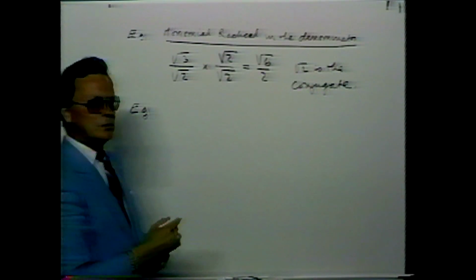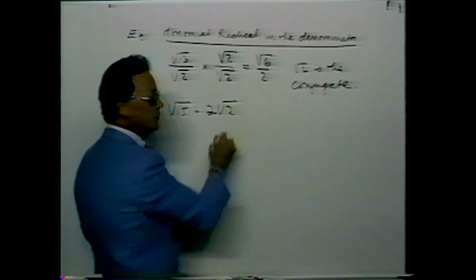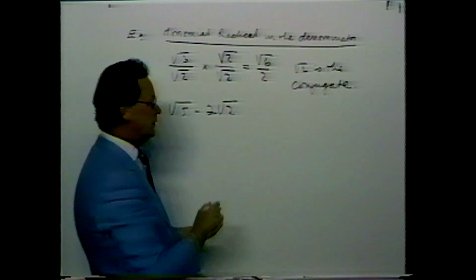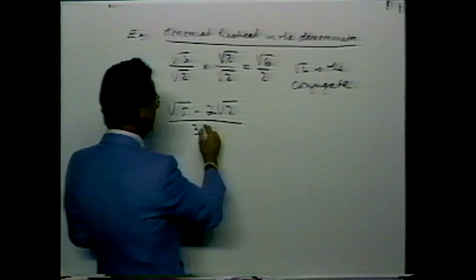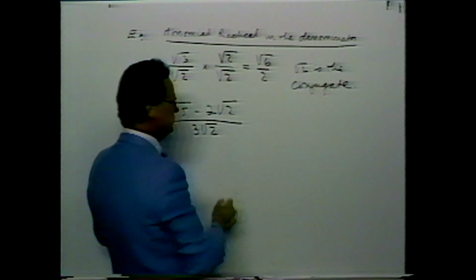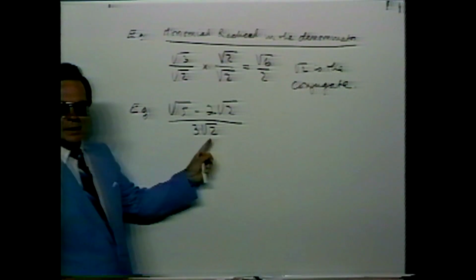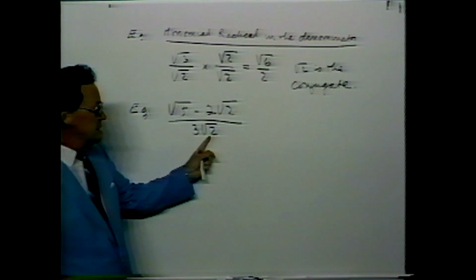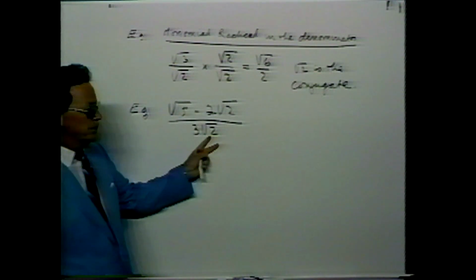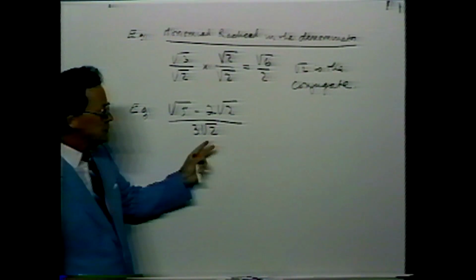For another example, let's take the square root of 5 minus 2 times the square root of 2, over 3 root 2. Now, notice once again that I have a single radical in the denominator, 3 root 2. The conjugate to 3 root 2 is root 2.